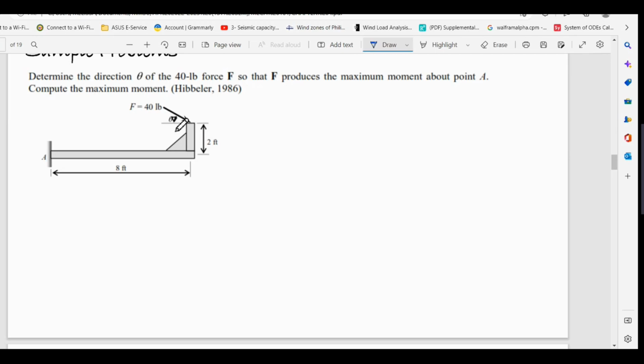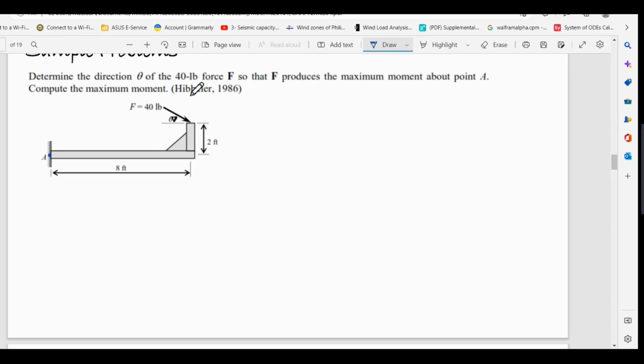So, ito yung theta na yan, that will produce the maximum moment about point A. So, hanapin daw natin yung angle that will produce the maximum moment at point A. So, ito yung magiging moment center ngayon natin.